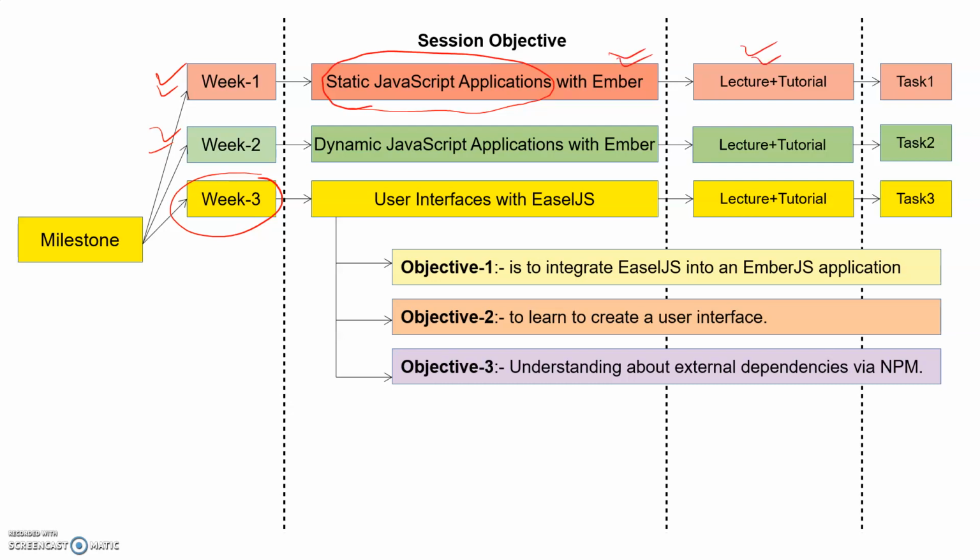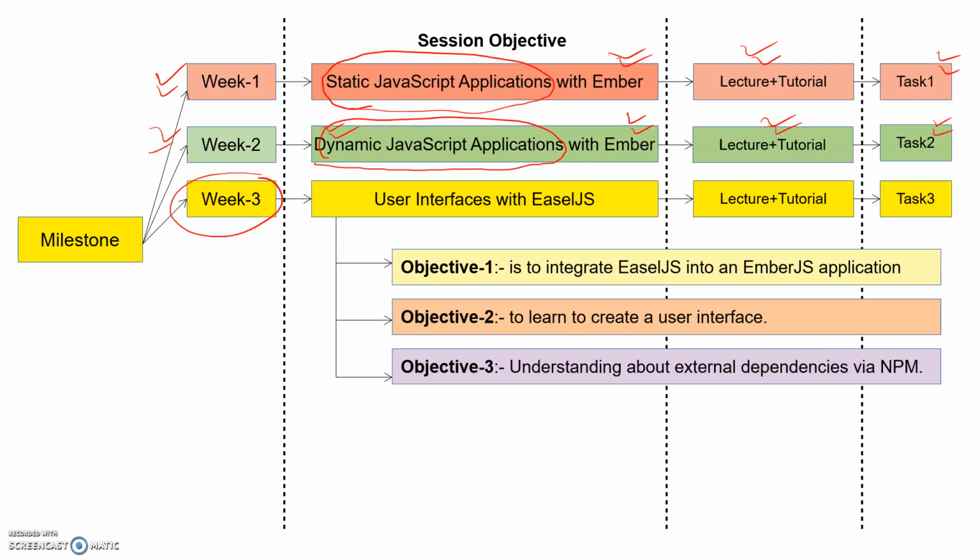You completed lecture, tutorial and task number 1. In week number 2, you extended your JavaScript application by converting it into a dynamic JavaScript application, and you used an external server for data fetching and data transmission. You used the Ember framework in week number 2 also. You completed lectures, tutorial and task number 2.